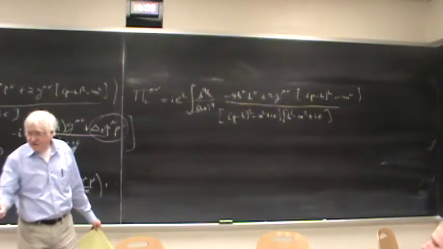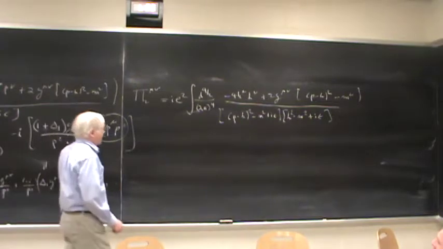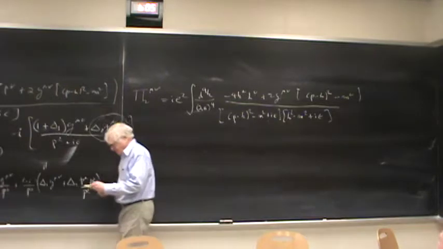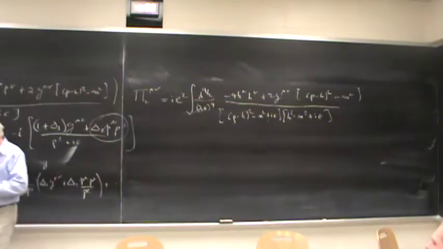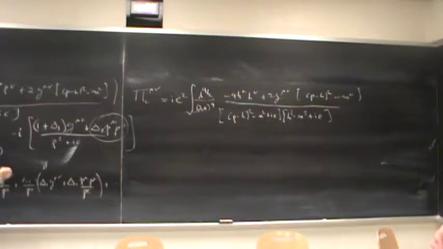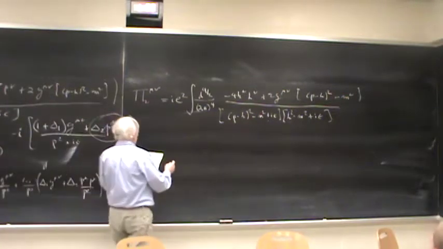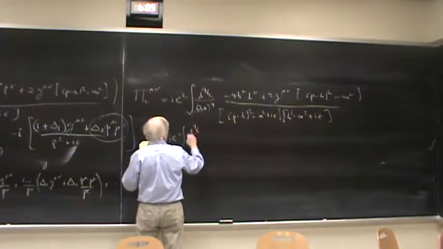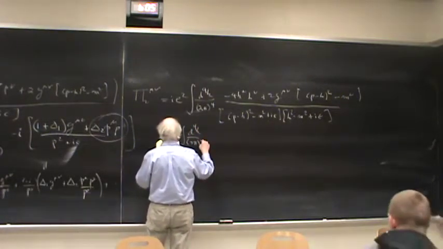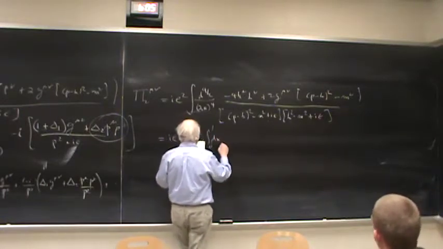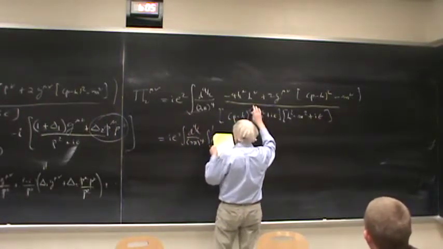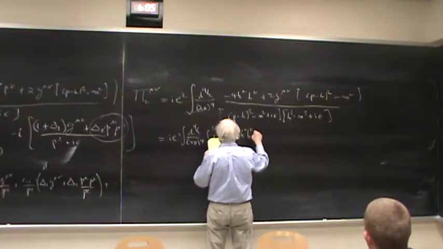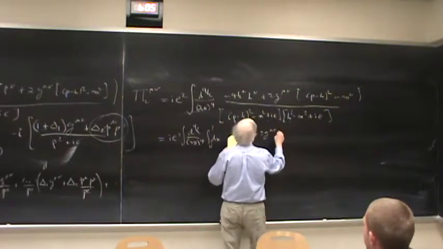The Feynman trick? Yes, that's right. We're going to use the same Feynman trick that we used last time to rewrite this. And with that trick, what we have is i e squared integral d fourth k over 2 pi to the 4th, integral 0 to 1 dx. And then it's minus 4 k mu k nu plus 2 g mu nu.